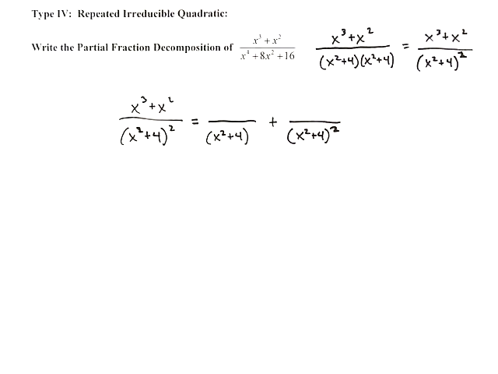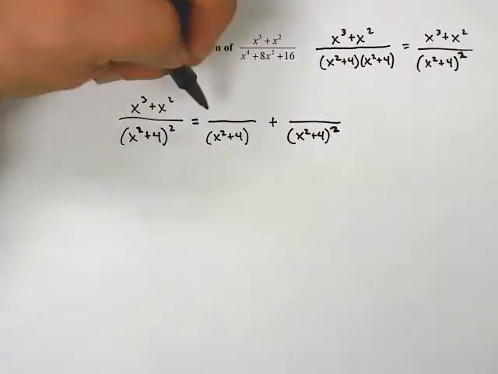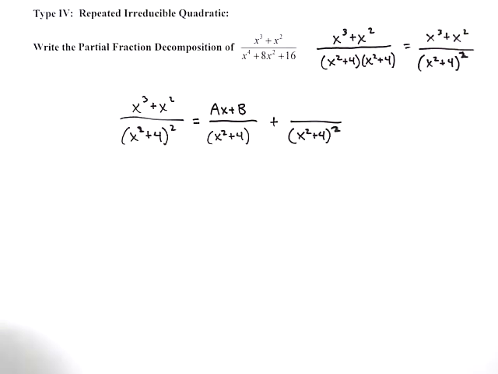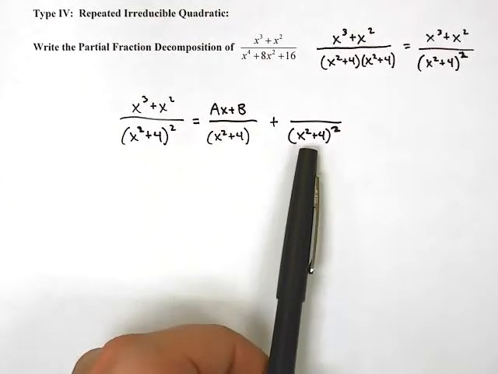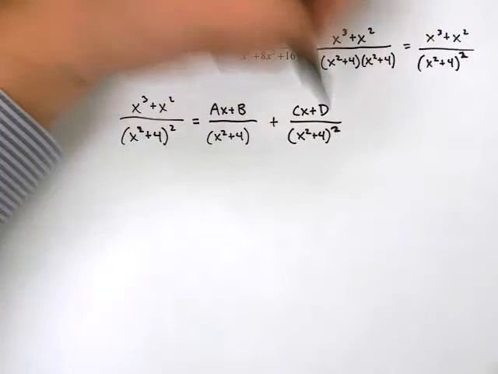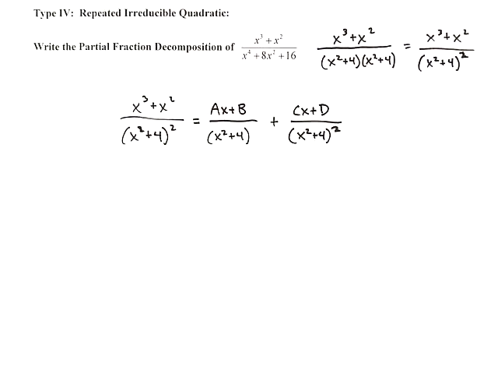Now please be careful. This is a quadratic, which means I need a linear factor in the numerator, and this is also a quadratic, so I need another linear factor, or numerator, I should say. Okay? So here we go.